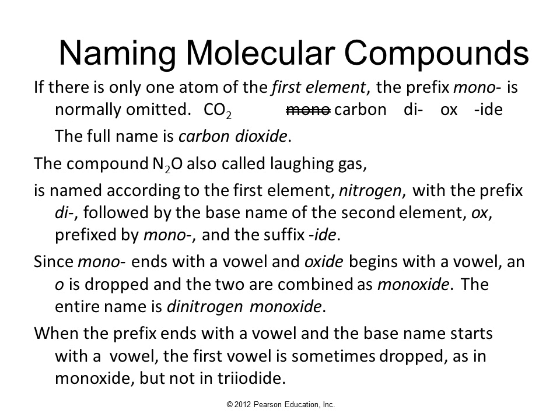How does this work? We see this is CO2. Normally, for the first element, if it's 1, we skip the mono. So this becomes carbon, then di, and oxygen changed to oxide. This is carbon dioxide. N2O, very easy.